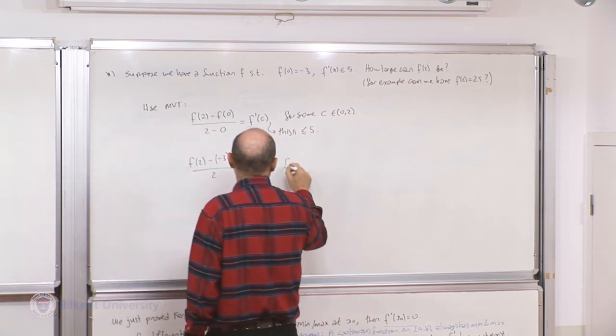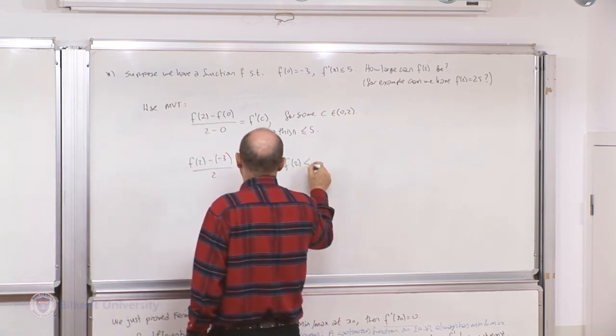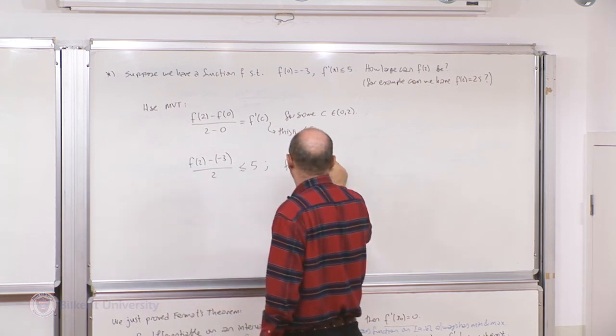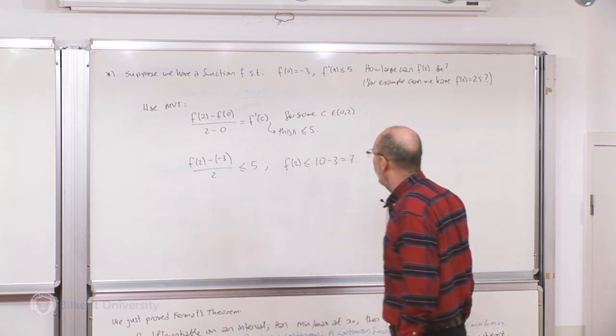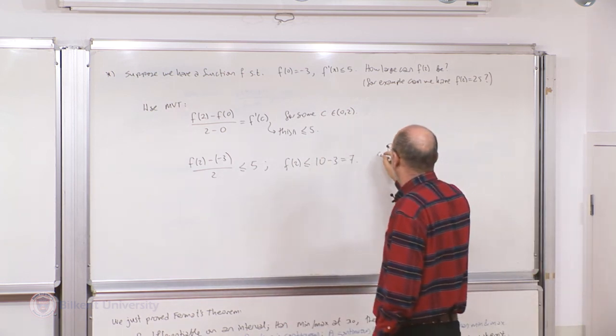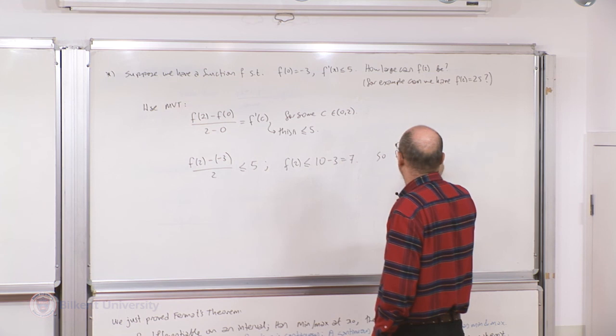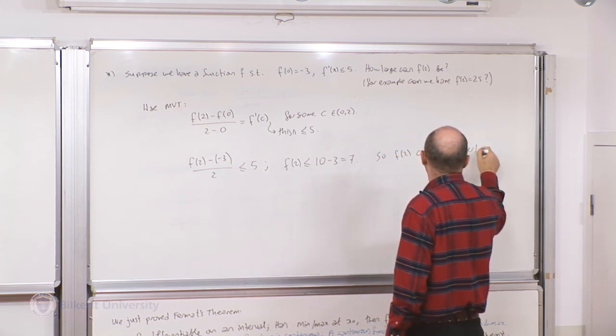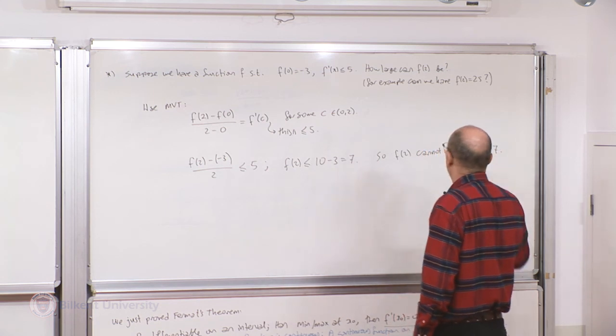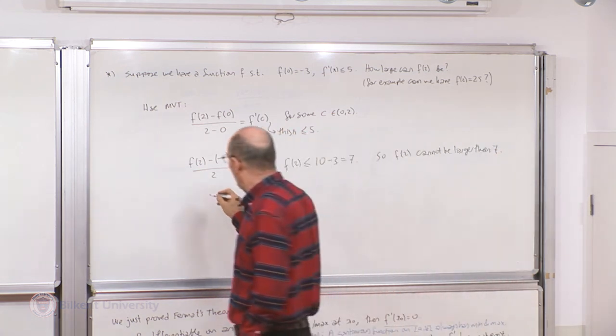So f of 2 is less than or equal to 10 minus 3 equals 7. Okay, so f of 2 cannot be larger than 7. But can it be 7?